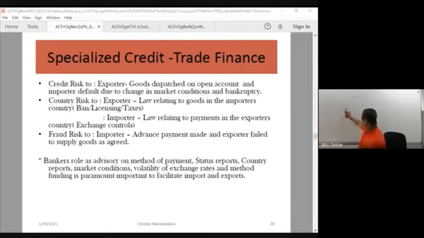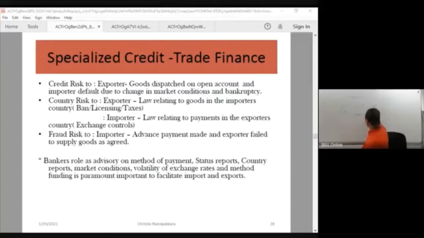Now, how does a letter of credit operate? C gets this letter of credit. Based on the terms of this letter of credit, C will send the goods to A and present the papers or the documents to his bank.